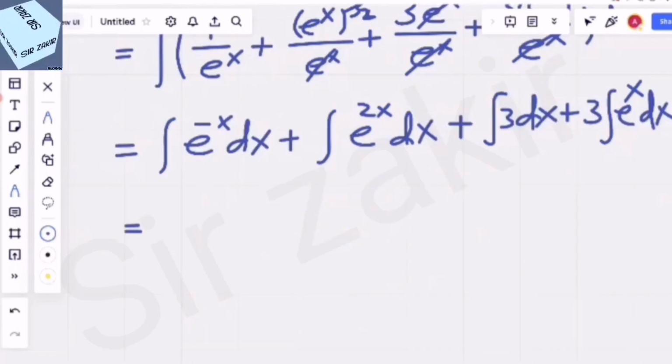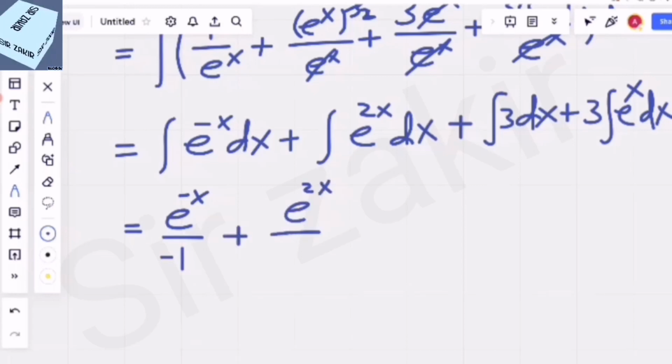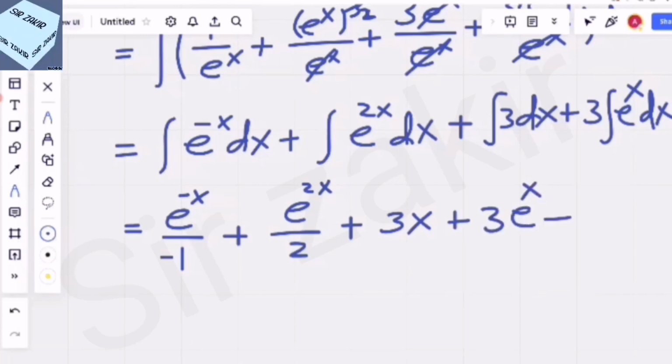What is integration of an exponential function? Exponential function integration is itself divided by the derivative of the power. e^(2x) integration, e^(2x) divided by the derivative of the power, which is 2. Integration of 3 is 3x. Integration of e^x is e^x plus c.